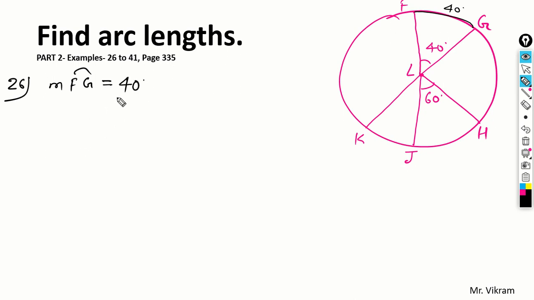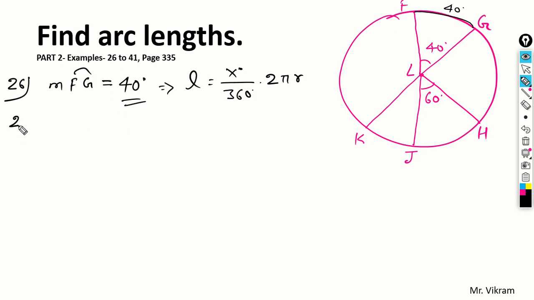Now, do we have the radius given in this question? No, we don't. But if you want to find it in terms of radius, you can solve using this formula: L is equal to x degrees divided by 360 degrees times 2 pi r. The answer will come in terms of r because the radius is not given. But here this is the answer.